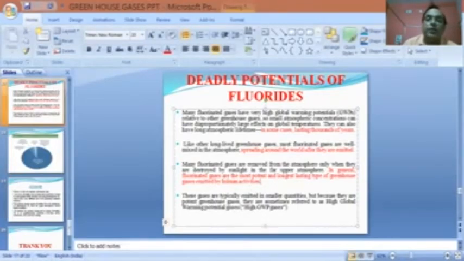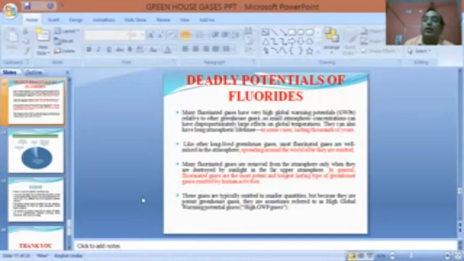In general, fluorinated gases are the most potent and longest lasting type of greenhouse gases from human activities, and they have high global warming potentials. Though they are not naturally emitted, they are creations of human beings, but due to their long life, their high diffusibility, and their potential of causing global warming on a greater scale, some of them may have a global warming potential of 22,800.